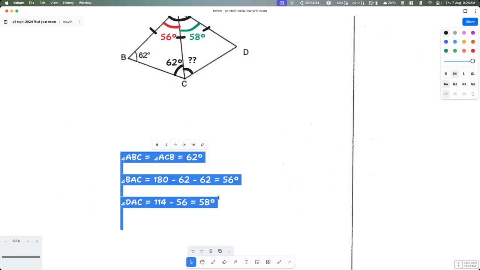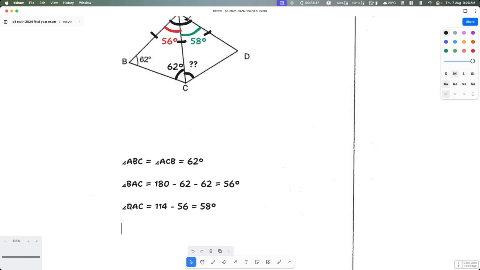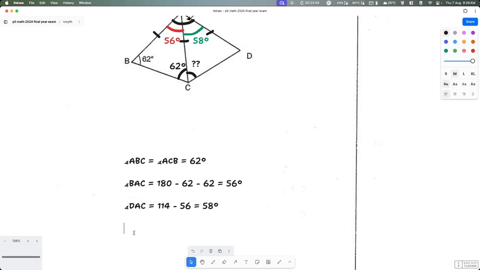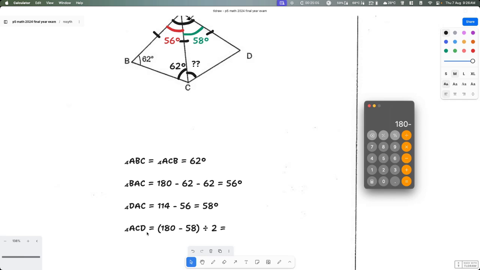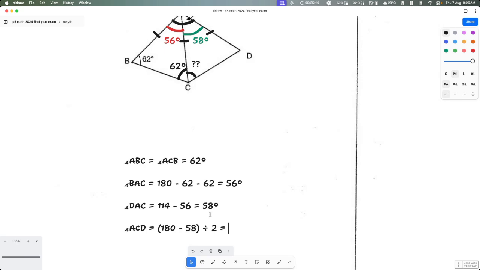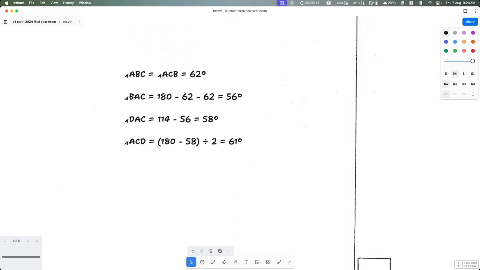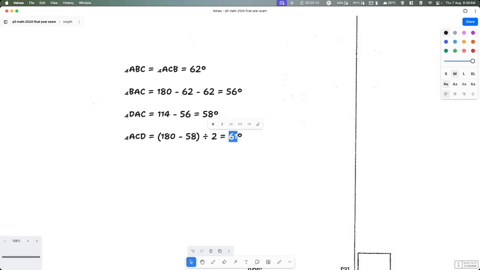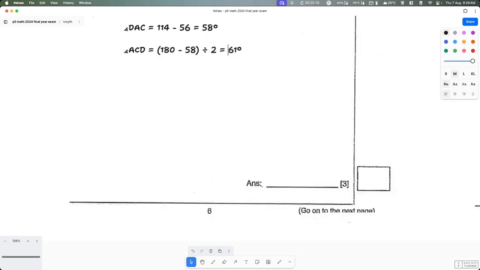So now we are left with what we want, which is angle ACD. So ACD is equal to 180 minus 58, and then we divide this by 2. 180 minus 58 is 122, and then divided by 2, this is 61 degrees. There you go. So that's the answer, 61 degrees. Pretty straightforward. I'm going to put 61 degrees with units as well in black.